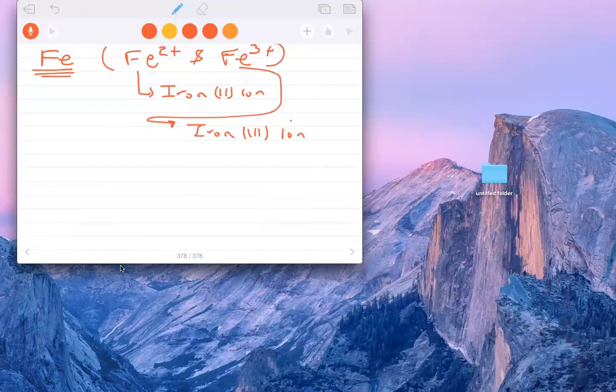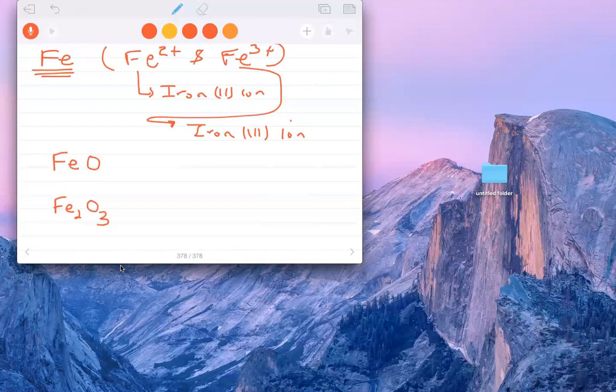How will I know which one is which? If you are given, for example, FeO and then Fe2O3, you cannot name both compounds as iron oxide. No, that's wrong.